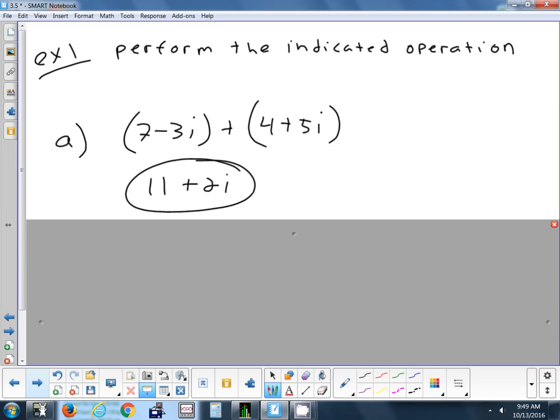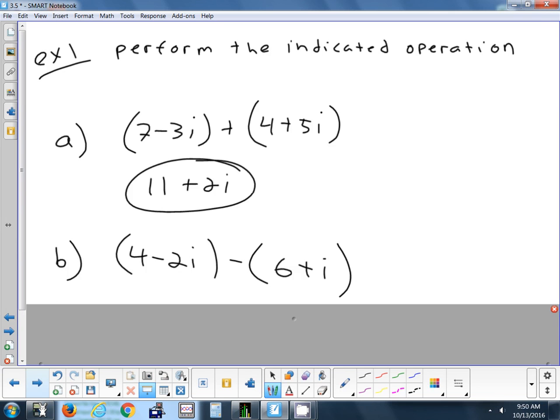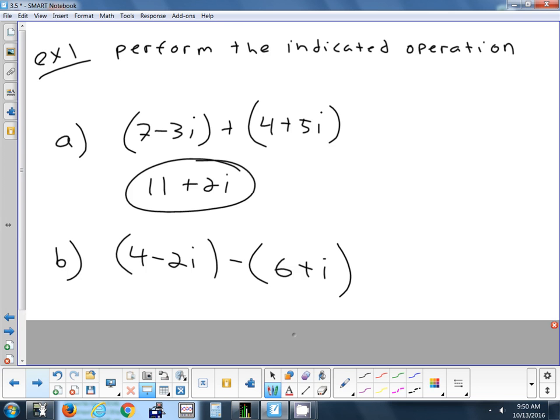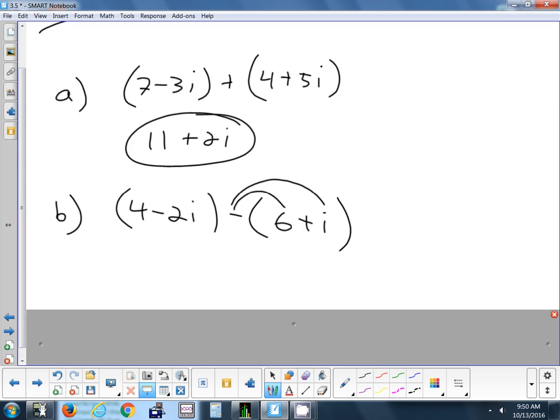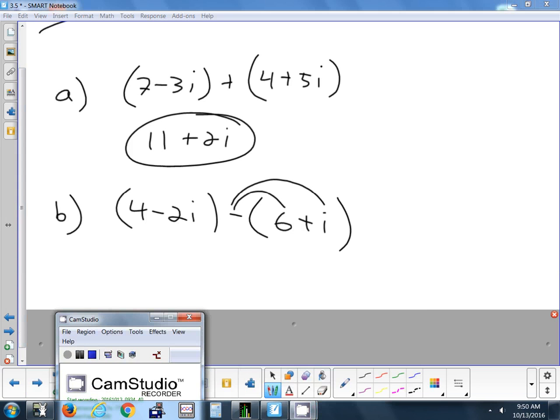Any question on addition? Okay, subtraction, just about the same thing, except think of this negative in front of the parentheses as being distributed. Okay, that's the only difference. All right, so anybody think they got an answer for them?